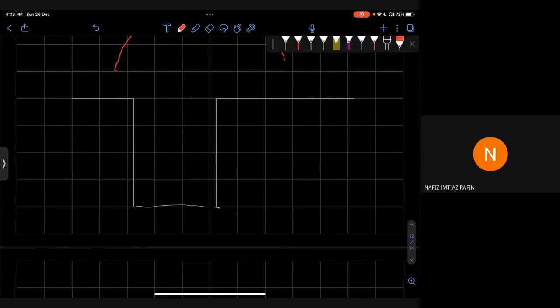So the curvature is going to be like this and like this.